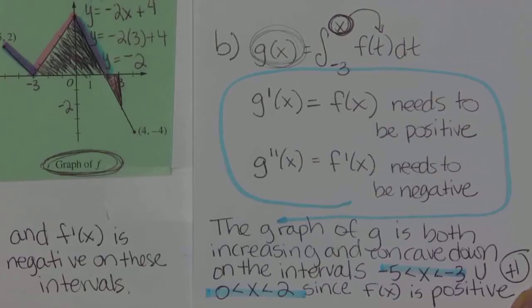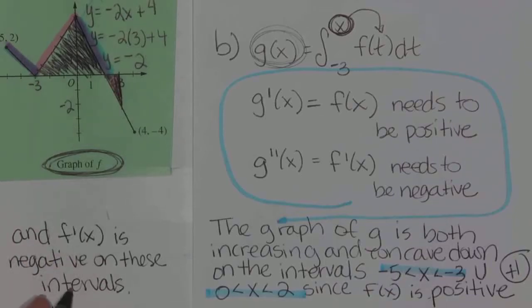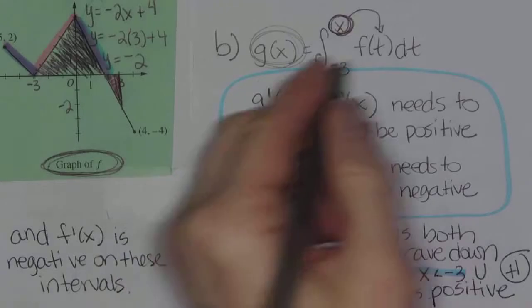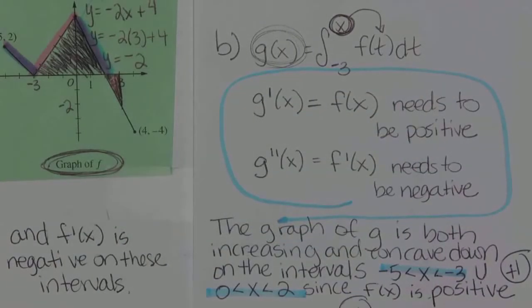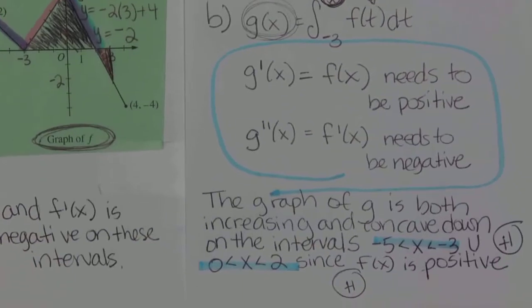And the other point they awarded was for the explanation, the justification. So if you said that f of x was positive and that f prime of x was negative, something to that effect, you give yourself another point. So 2 points: intervals, reason.